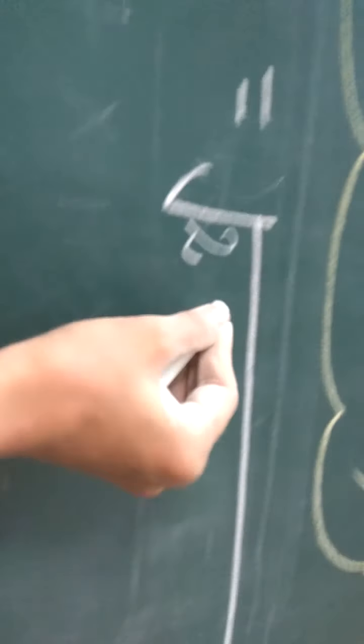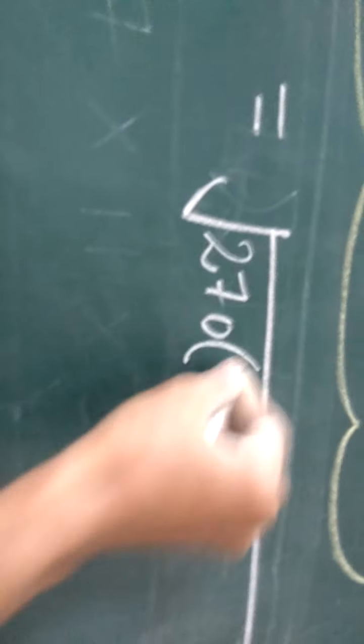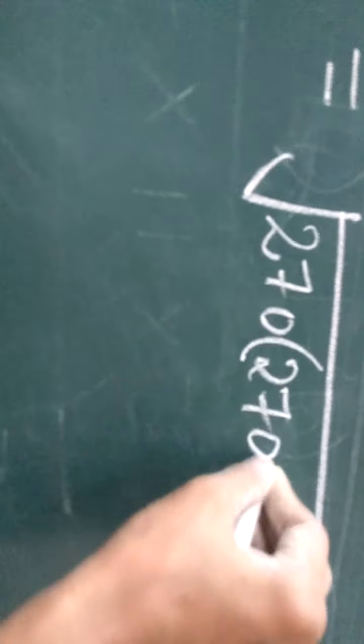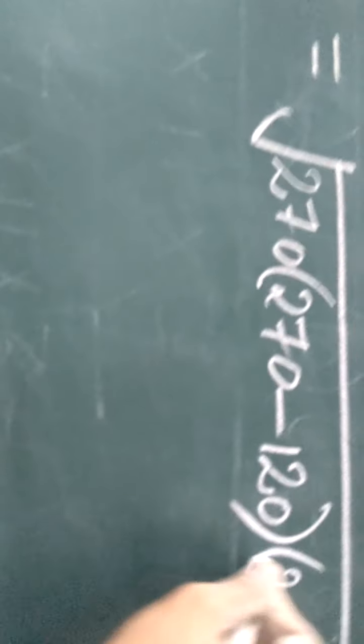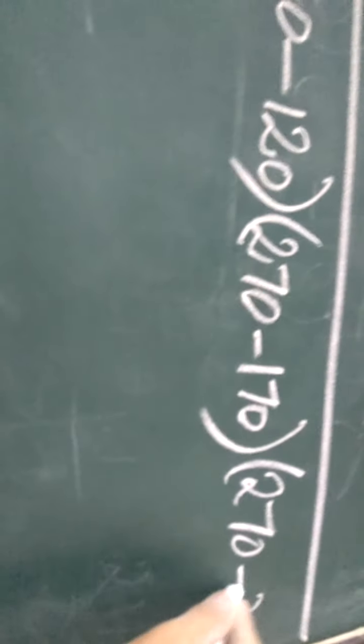So square root of s is 270 into 270 minus first side 120, 270 minus second side 170, 270 minus third side 250.